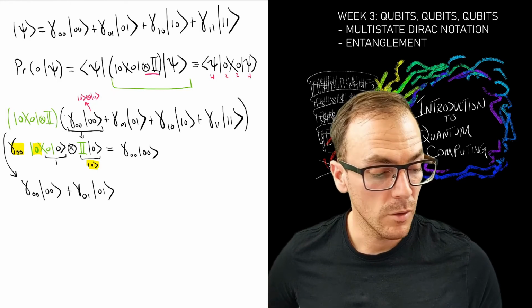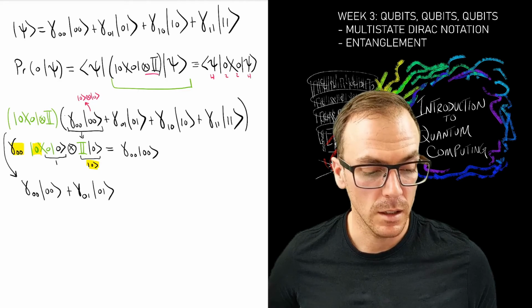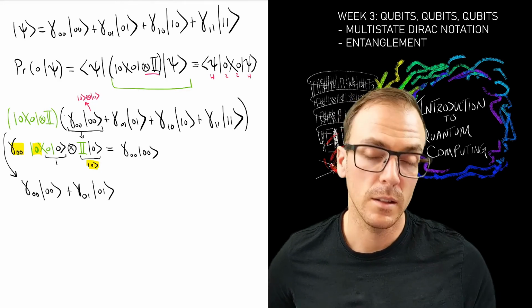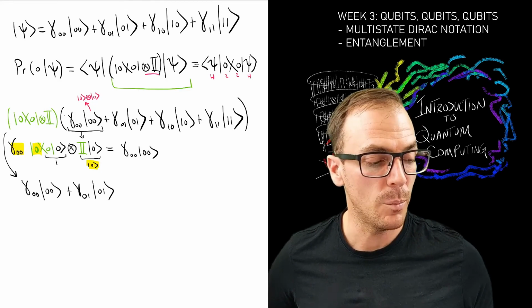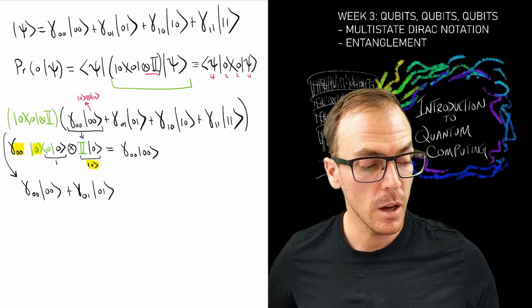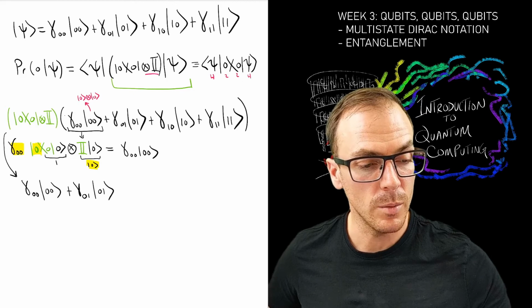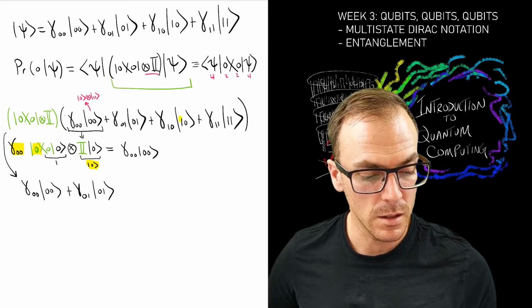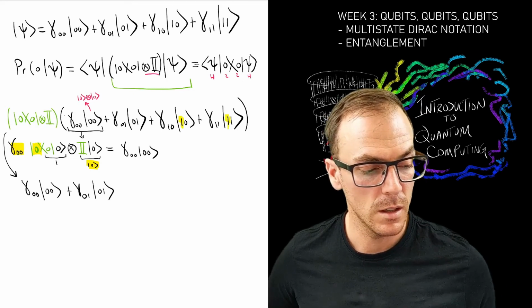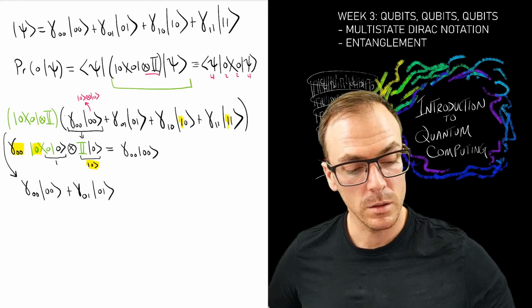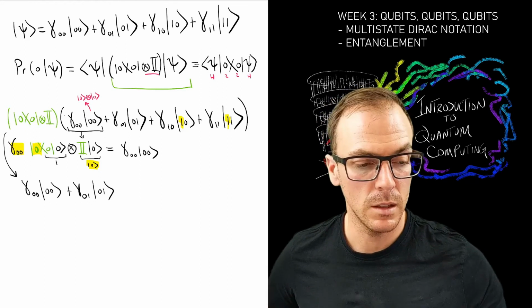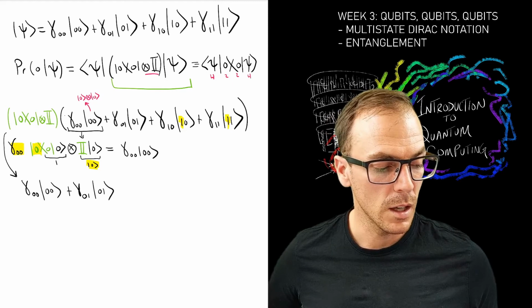And the third and the fourth term will get eliminated by this outer product, which is a projector onto |0⟩, and we can see that the first qubit in each of these is in the 1 state. So when that |0⟩ comes in and hits that 1 state, those are orthogonal, and so they go away.